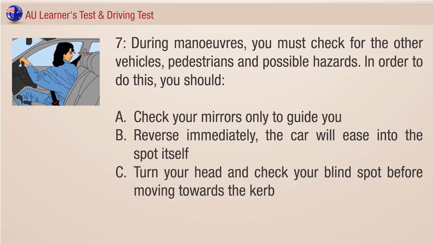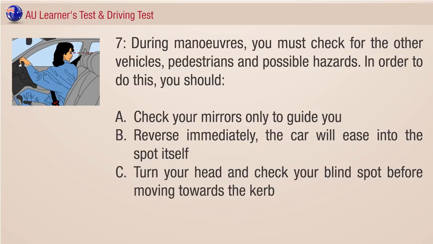Question 7. During maneuvers, you must check for the other vehicles, pedestrians and possible hazards. In order to do this, you should: A. Check your mirrors only to guide you. B. Reverse immediately, the car will ease into the spot itself.